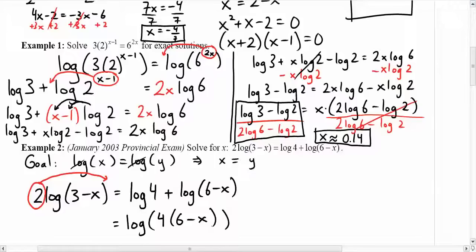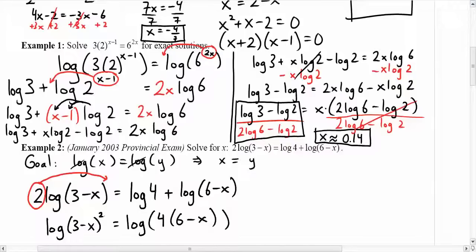Okay, this is the product law. When you have multiplication inside of one log, that can be the same as adding 2 separate logs. So on the left-hand side, the 2 becomes an exponent. So now you can see that we have one single log on each side of the equation. So now the logs can cancel off.